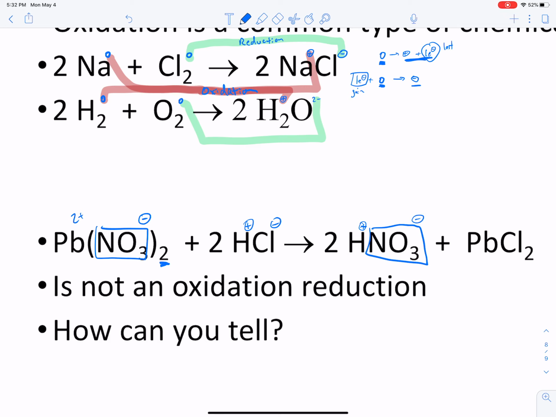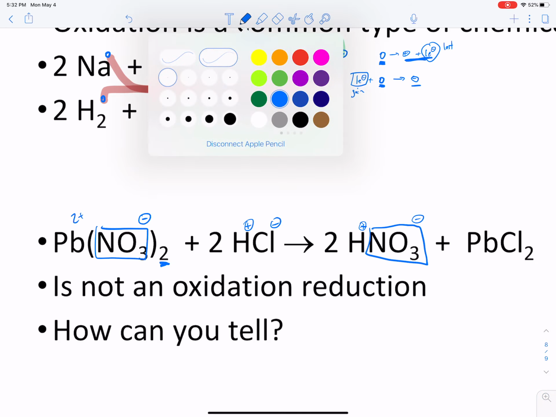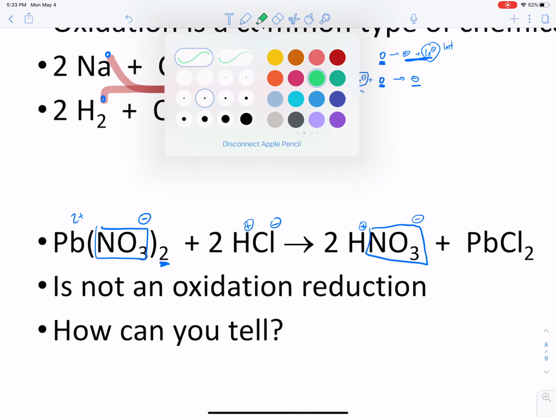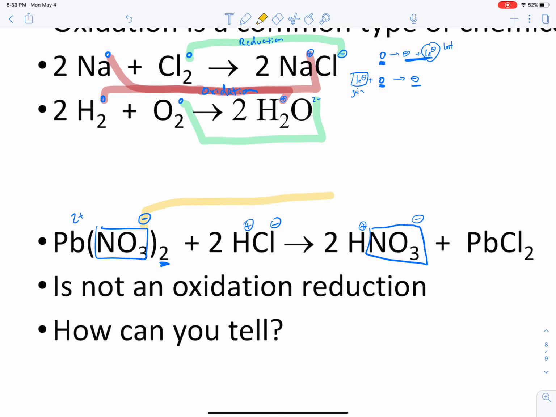So let's do a quick check. Let's check nitrate right here. Did the charge change? No, it did not. Okay, so we're not going to mess with that. What about this lead chloride on the other side? Well, chlorine is a negative charge, right? And if I have two negative charges here, then lead has to be 2 plus, correct? So let's check.